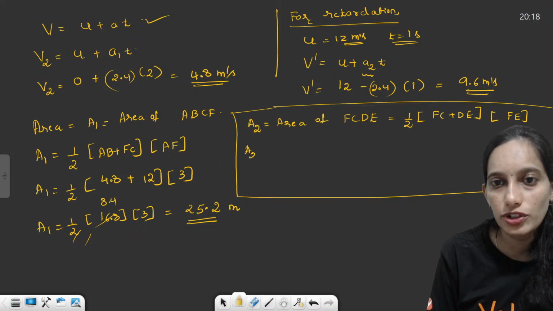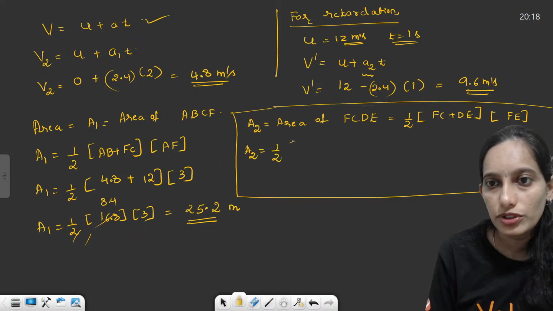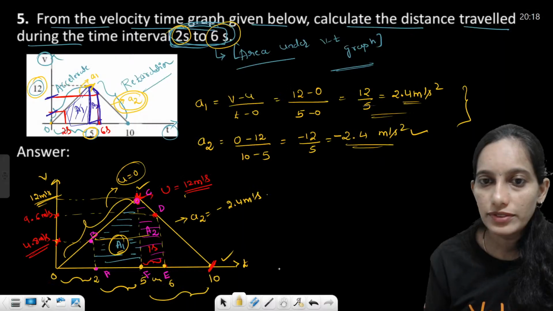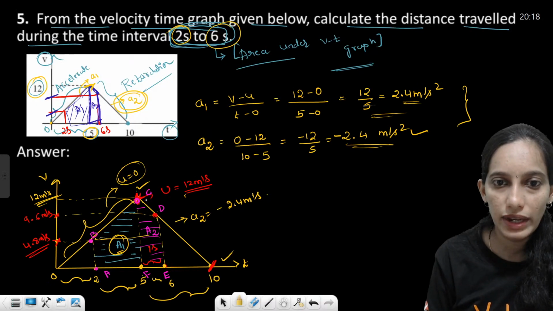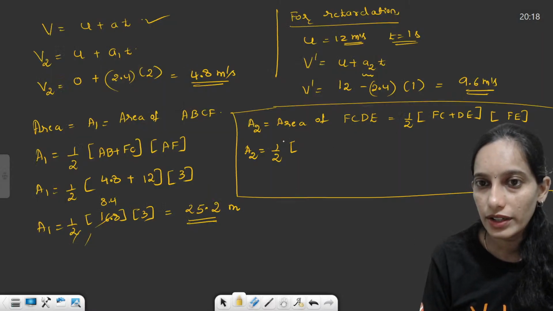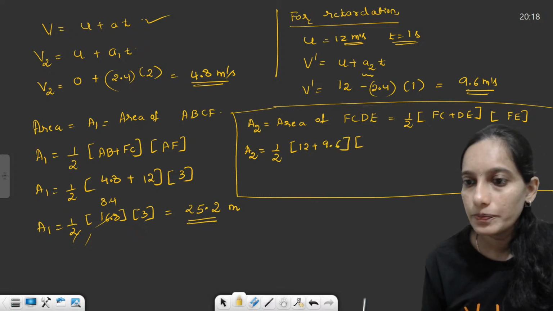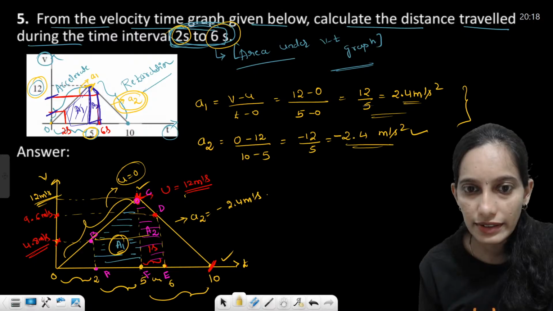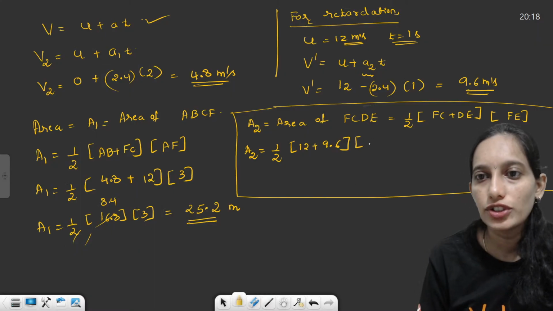Now substituting, A2 is equal to half into FC, F to C is 12, and ED is 9.6. So half into 12 plus 9.6 into 6 minus 5, which is nothing but 1.